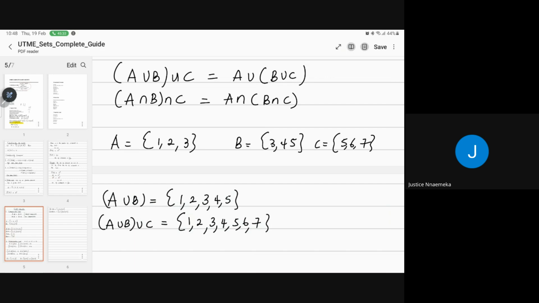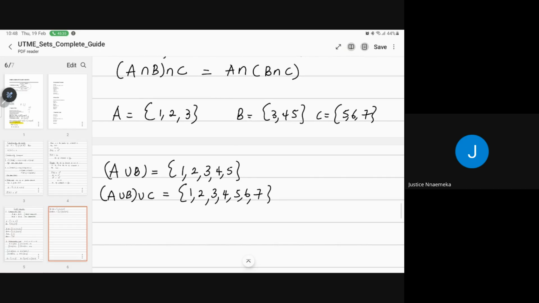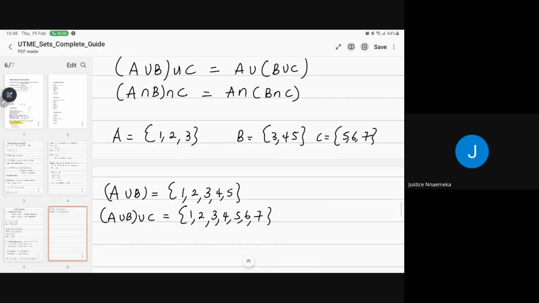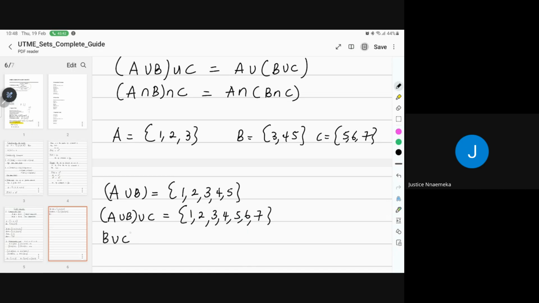Now let's check the other way around. Let's check B union C.